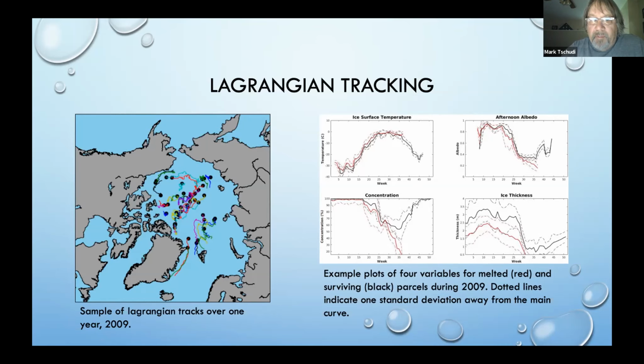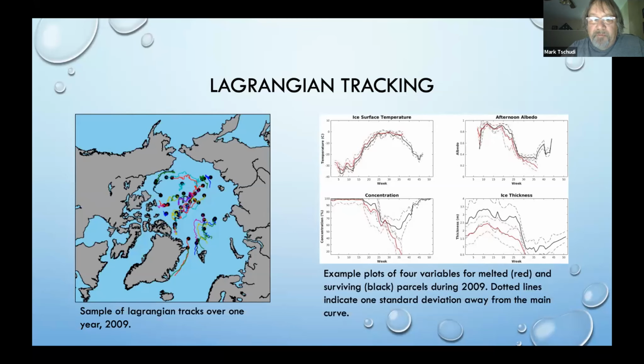Along with the motion of the track, we are also tracking individual sea ice properties, such as, in this case, ice surface temperature, albedo, ice concentration, and ice thickness. So we track these parcels and their properties.